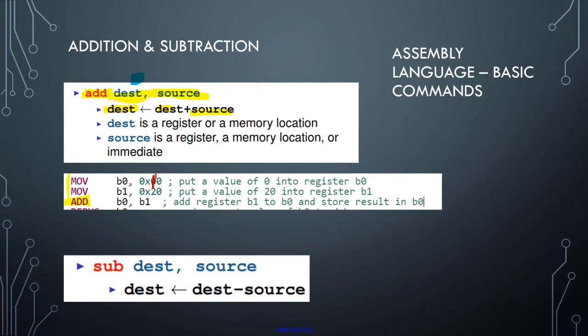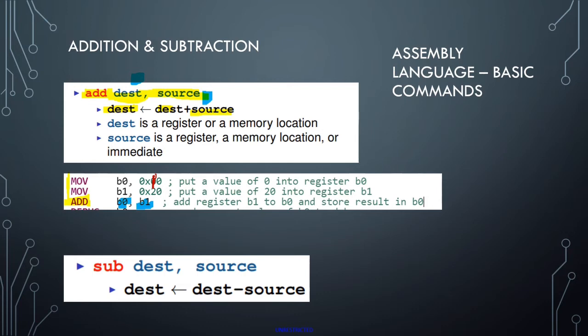So we'll load the value 10 into the register B0. Again, we're going to add our register B1 and B0. 10 plus 20 is of course 30. So now B0 is going to be equal to 30 and B1 is still equal to 20. It's unchanged, right? Because it's just the source, not the destination.